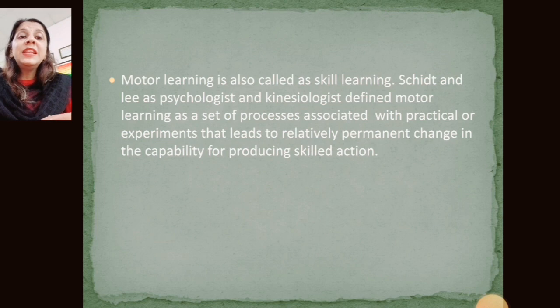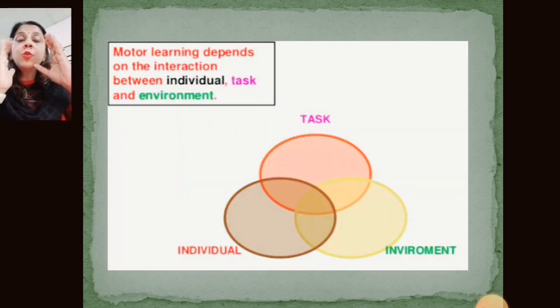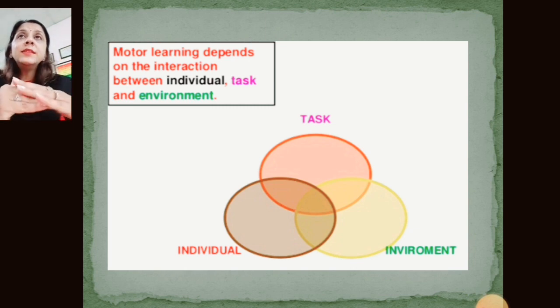Schmidt and Lee, psychologists and kinesiologists, define motor learning as a set of internal processes associated with practice and experience that lead to a relatively permanent change in the capability for producing skilled action. Motor learning, control and development work simultaneously.